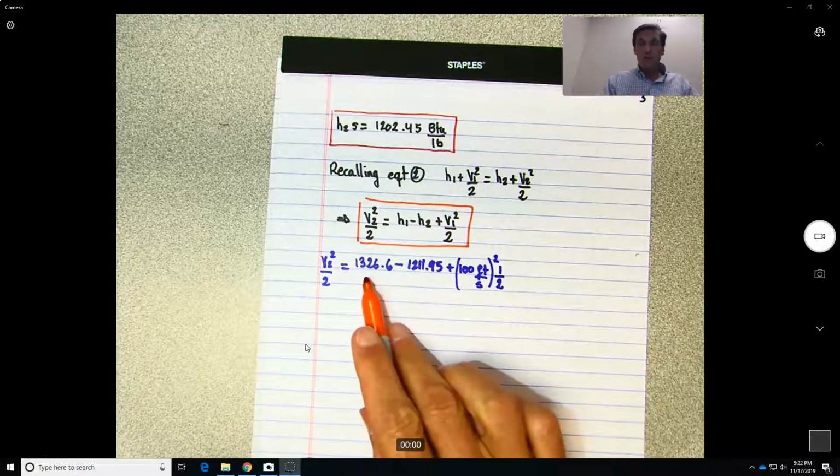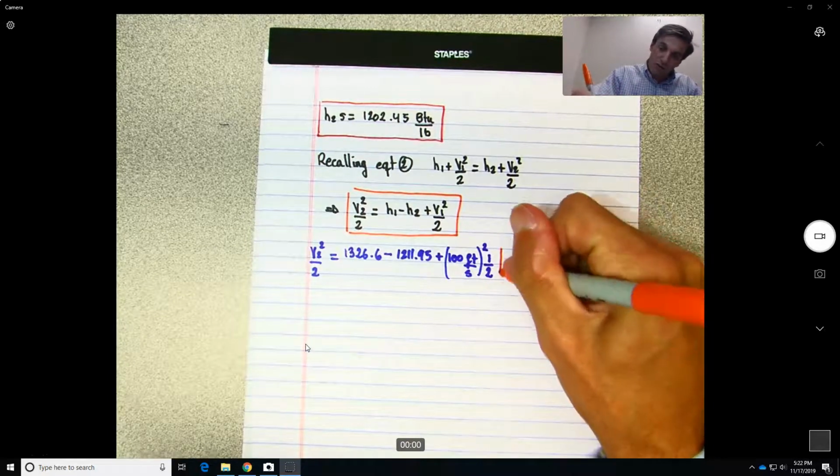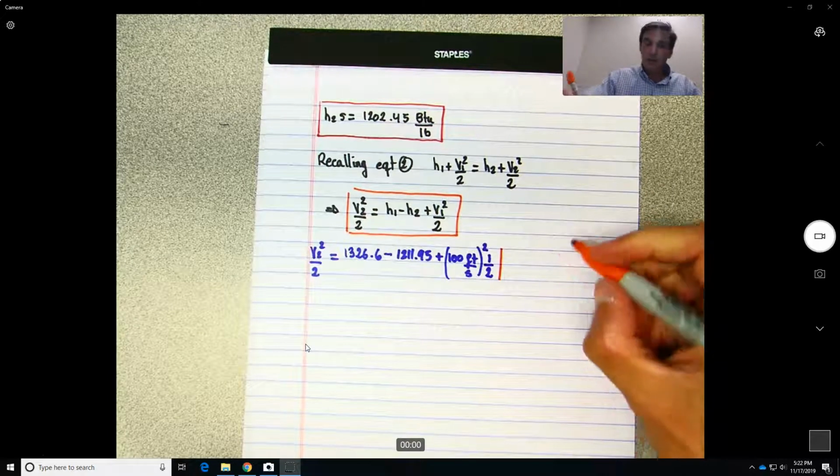But remember, the units of this side will be BTU per pound, and here we have foot squared per second squared. So what we need to do over here is actually what?